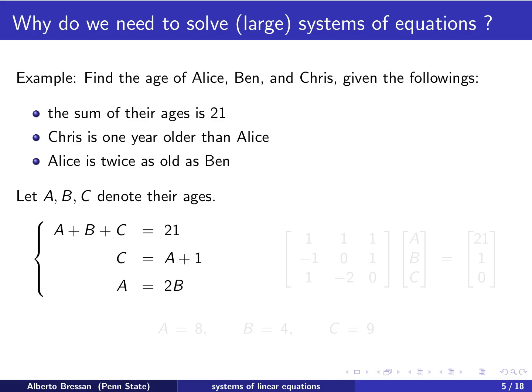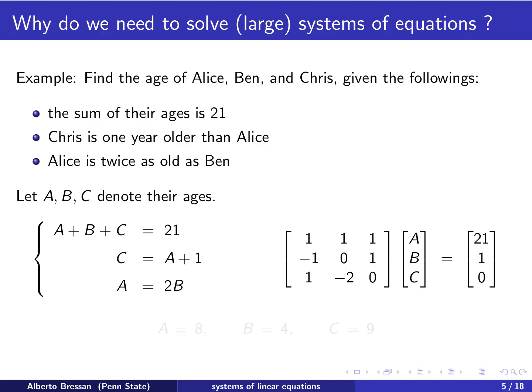So we see that we have a system of linear equations where the unknowns are A, B, and C. Now it is also possible to write this in matrix notation. We collect the coefficients, and for A, B, C the first equation gives 1, 1, 1. In the second one, I will move the A to the left-hand side, and I get negative A, so negative 1, and B is 0, and C is 1.